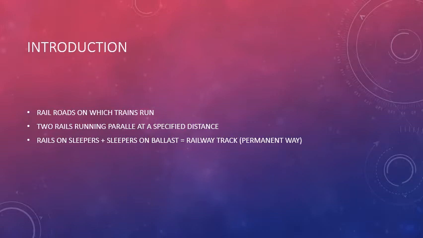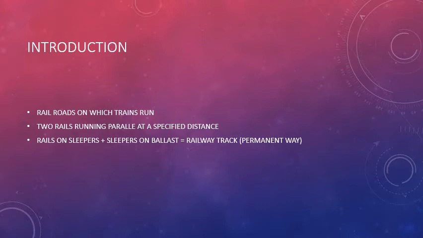So in this lecture we are going to discuss the railroads and the components of those railroads. Railroads are the special tracks meant for the movement of trains. Usually the railroads consist of two rails running parallel at a specified distance.